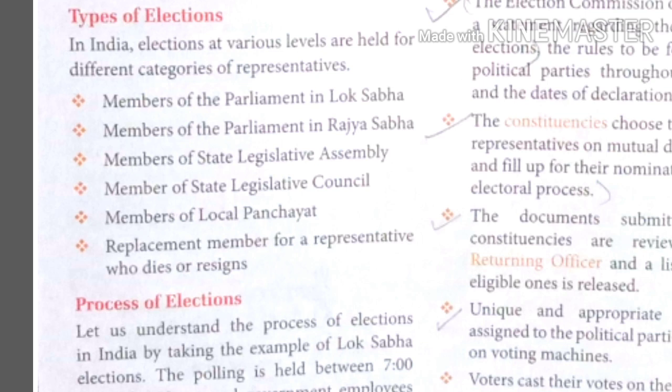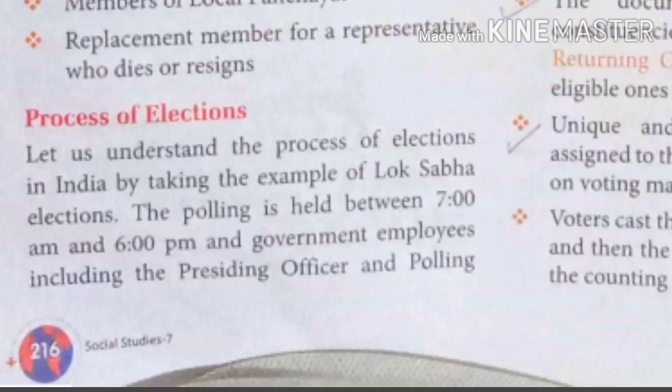First, members of parliament in Lok Sabha, members of parliament in Rajya Sabha, members of legislative assembly, members of state legislative council, members of local panchayat, and replacement of a representative who dies or resigns. Now the next topic is process of elections.